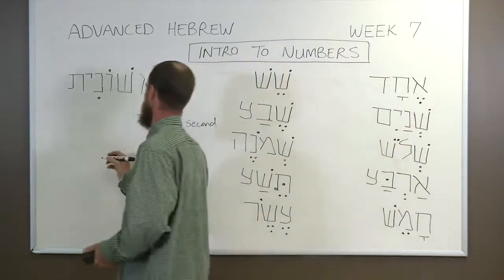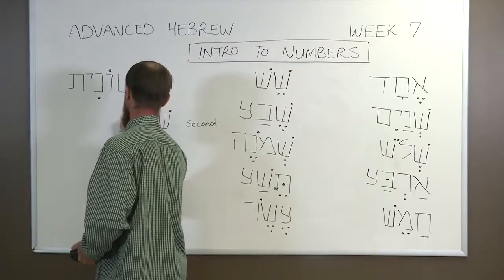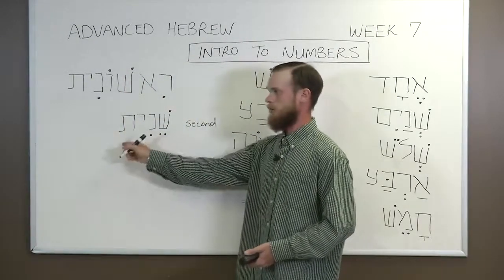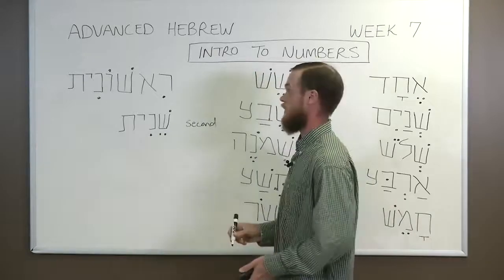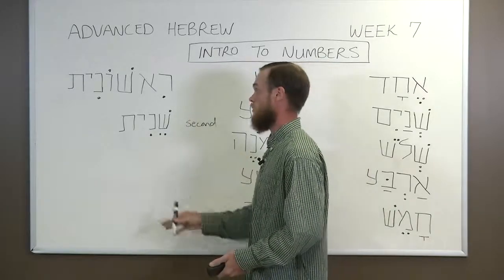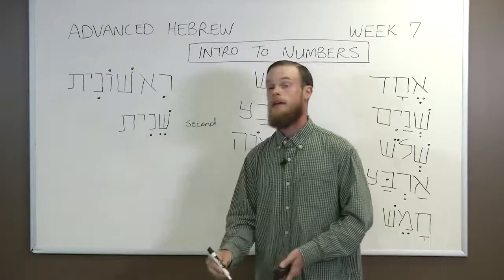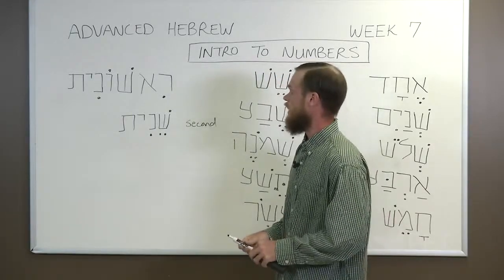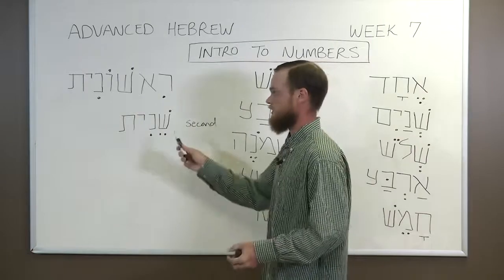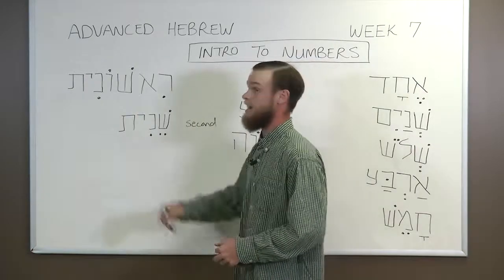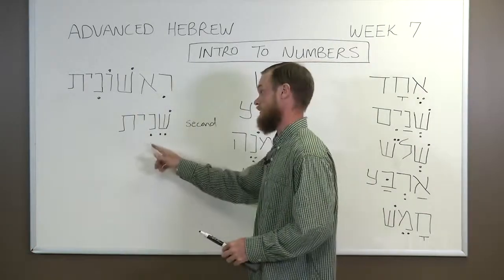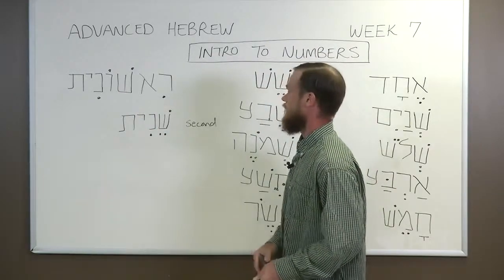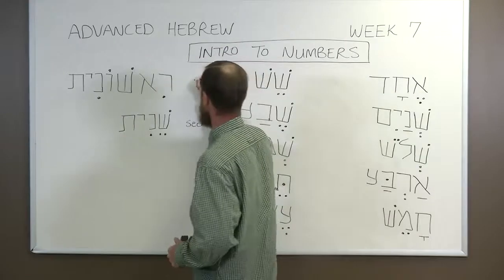To make it feminine, Shenit. Chirik Yod Tav. So for any ordinal number, take its masculine form, add Chirik Yod Tav to the end, and you've got its feminine form. And actually, as we'll see later, all you have to do is add a Tav to the end of most of them, because most of them end in Chirik Yod already. So first, second.